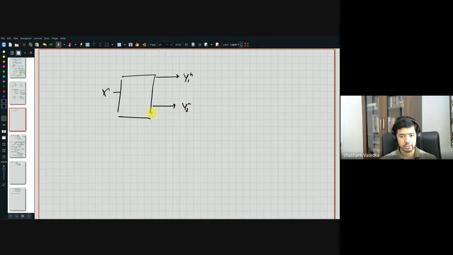There are two aspects of this. One is the channel itself, which is how x^n gets corrupted to give y1 and y2, and the second is whatever power constraint or cost constraint the transmitted signal has to satisfy.